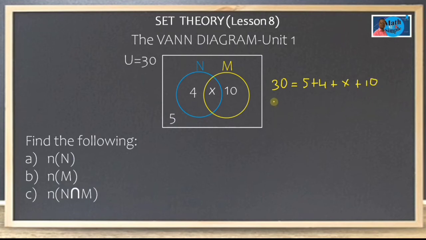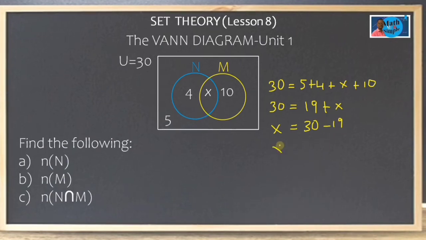We will use that equation to solve for X, the value at the intersection. 5 plus 4 is 9, 9 plus 10 is 19, so you have 19 plus X. So X equals 30, and we transpose the 19, it becomes minus 19.